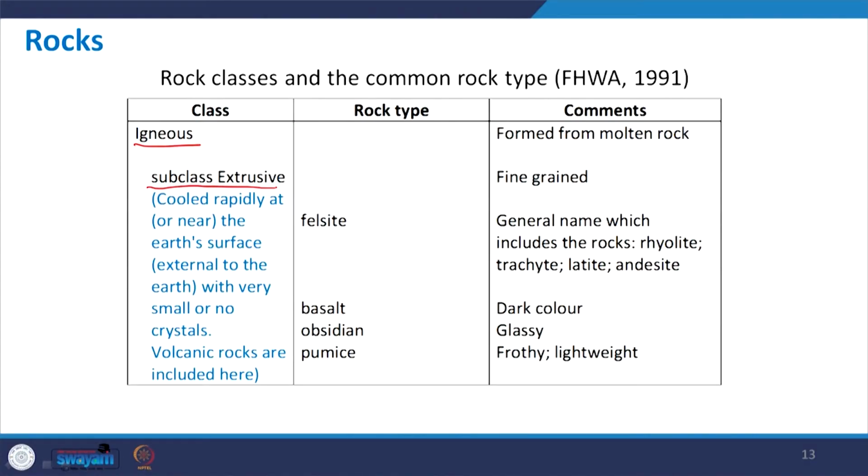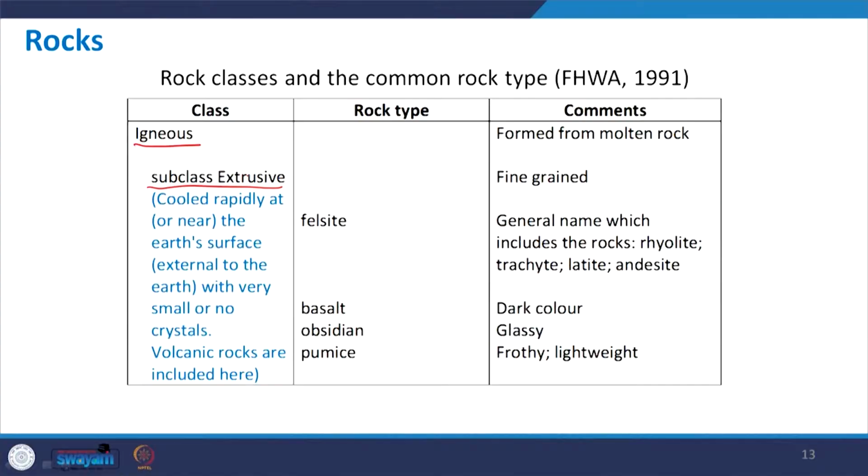So, the first one is the subclass extrusive. So, that means extrusive igneous rock. See how its definition is. It is cooled rapidly at or near the earth's surface, which is external to the surface, like it is not deep inside the earth.